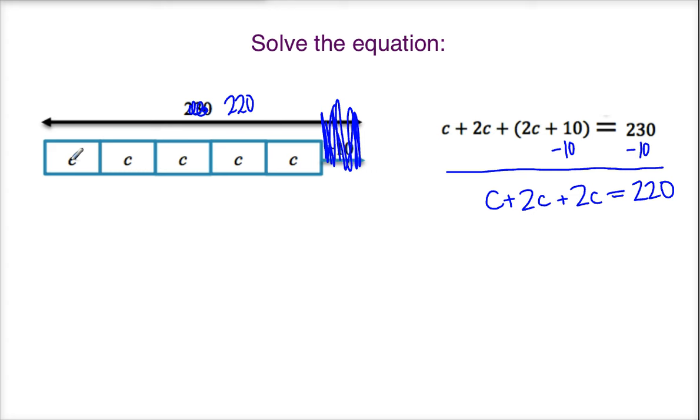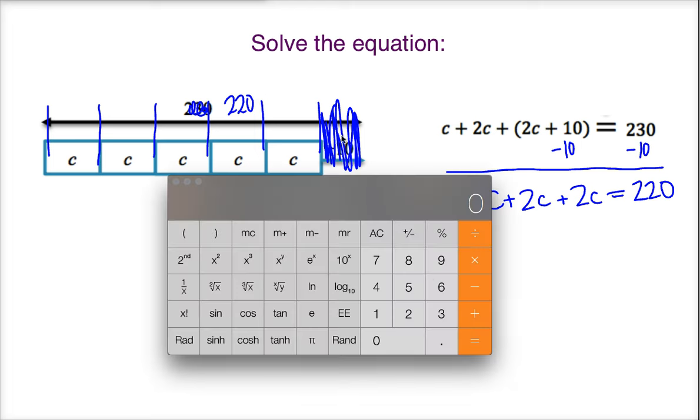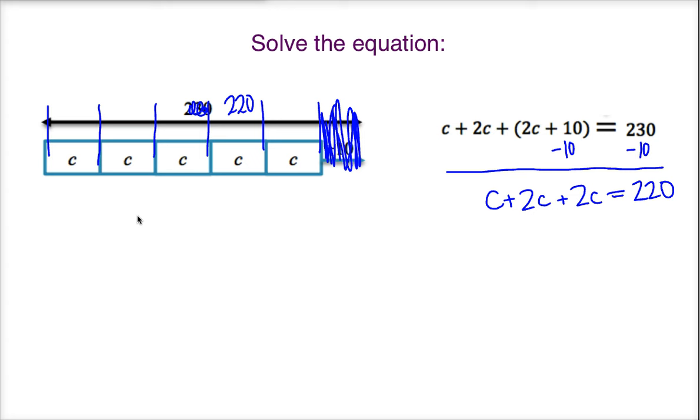And that's true, right? I have C, C, C, C, C. C plus 2C plus 2C is 220. Okay, so now I need to divide up what's left into 5 equal parts, because that's how many divisions of candy are left. So 220 in 5 equal parts. Let's grab a calculator. We'll take 220 divided by 5 is 44.